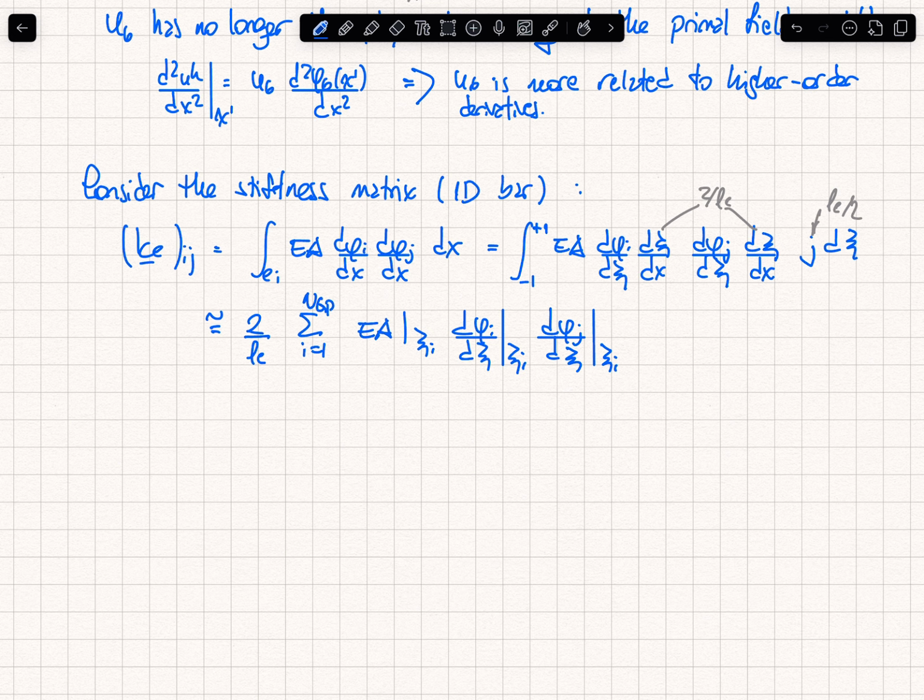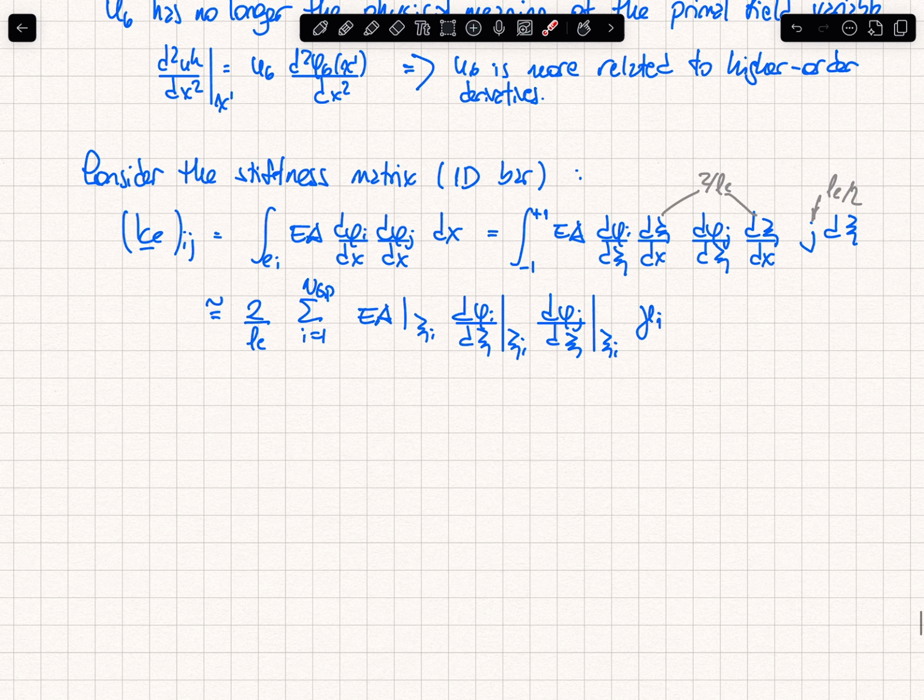And then I have my gamma I, which is the weight that is associated. Notice that the product of these two is basically here.